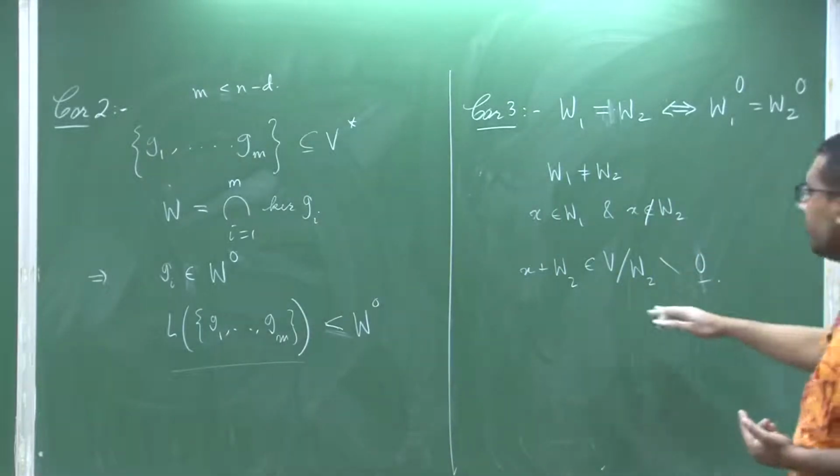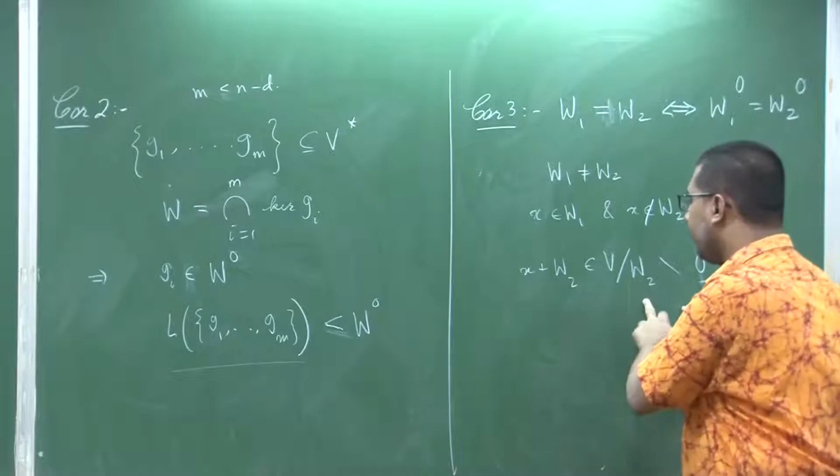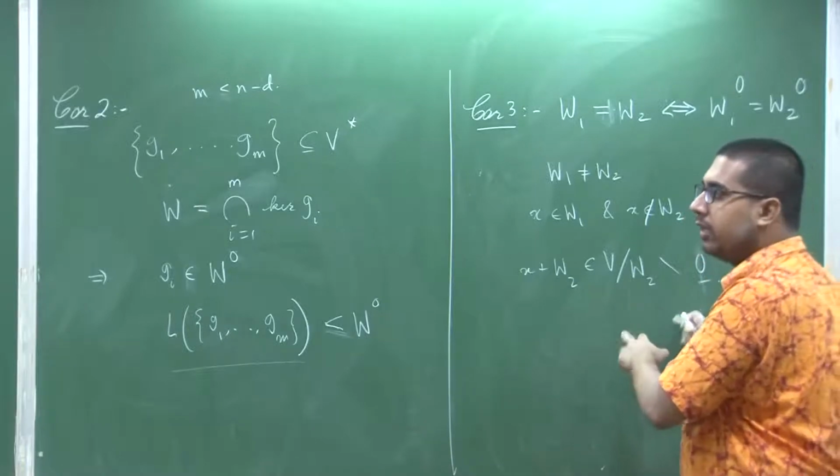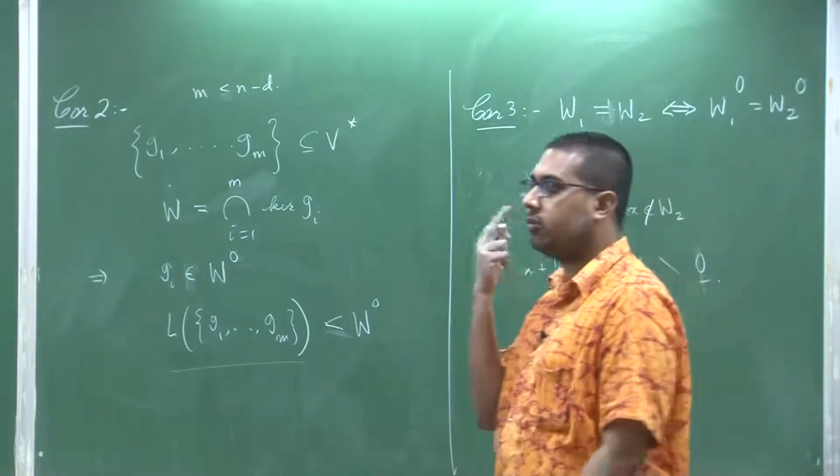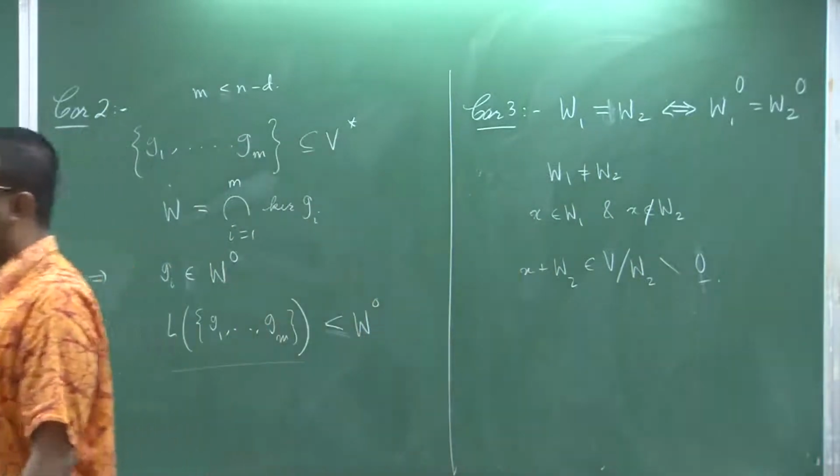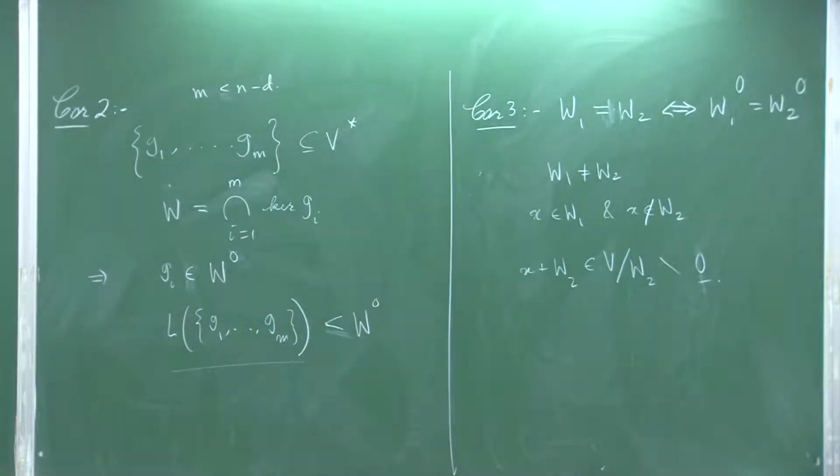If you fix any basis of V mod W2, then with respect to that ordered basis it has one coordinate which is non-zero.